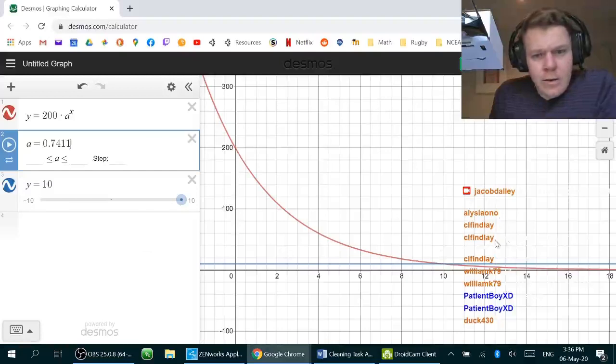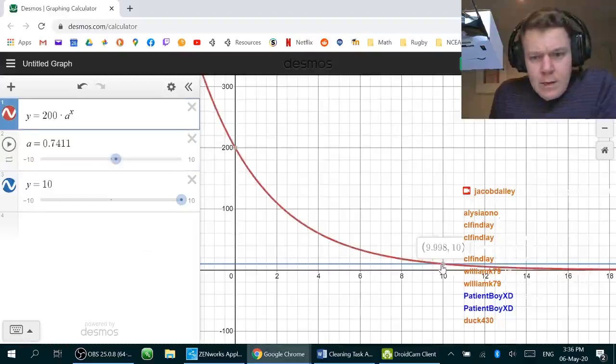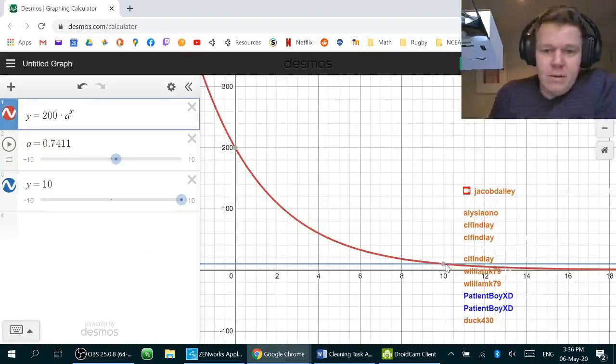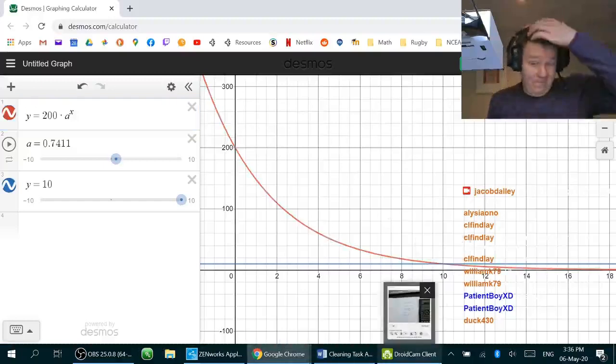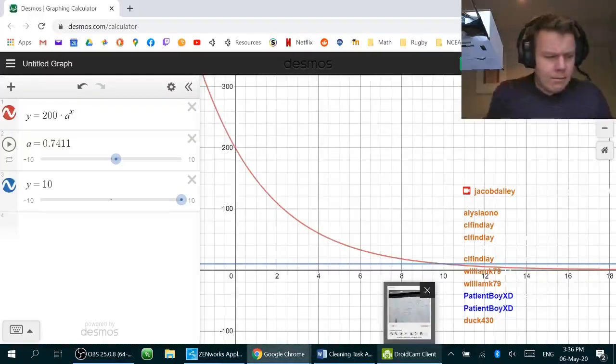There we go, and now you can see that it's gone directly through that point, well, almost directly, but remember, that was a 10-digit never-ending sequence, but it got pretty close. Alright, I might end that there.